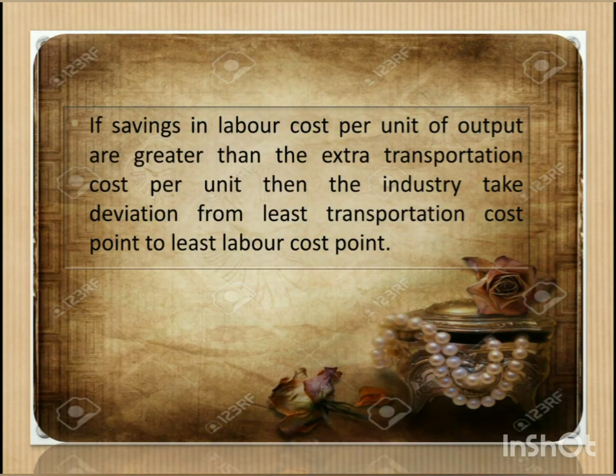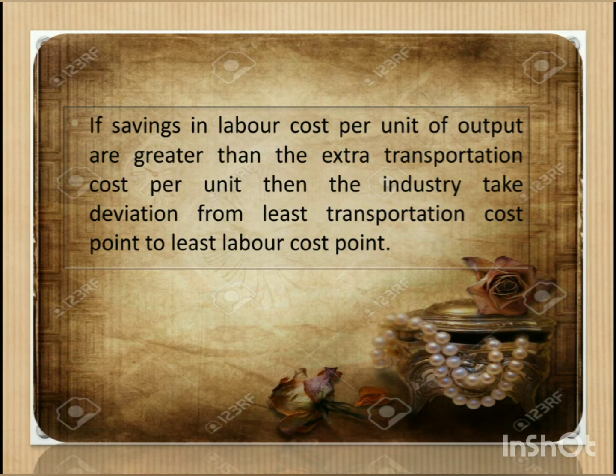According to him, if savings in labor cost per unit of output are greater than the extra transportation cost per unit, then the industry takes deviation from least transportation cost point to least labor cost point. That is, the location where there is a supply of cheap non-union labor may offset transportation cost.